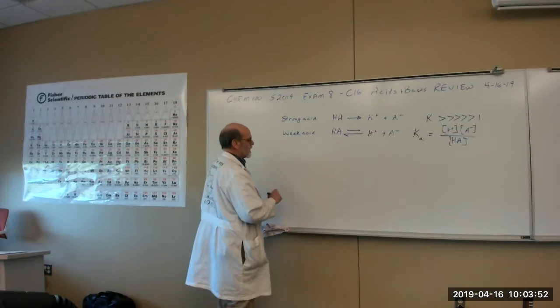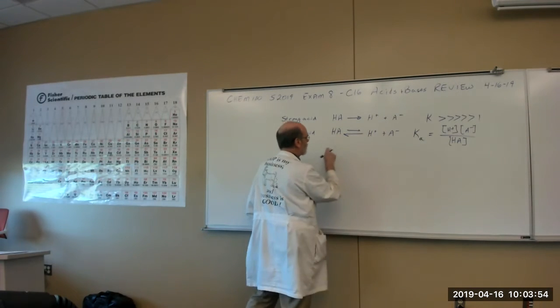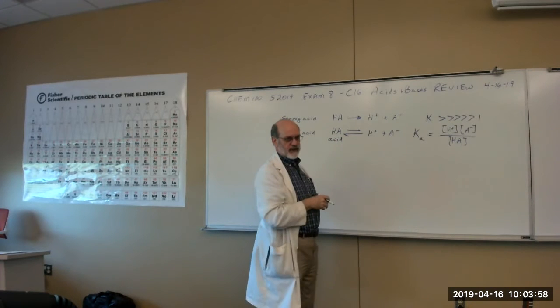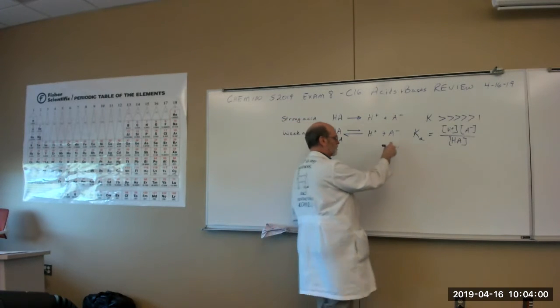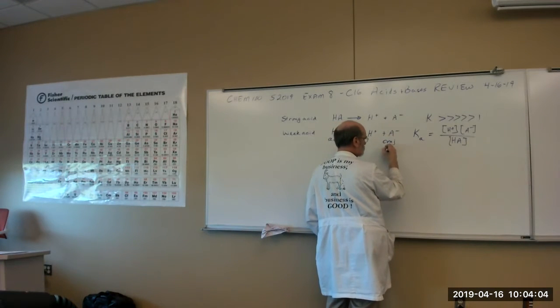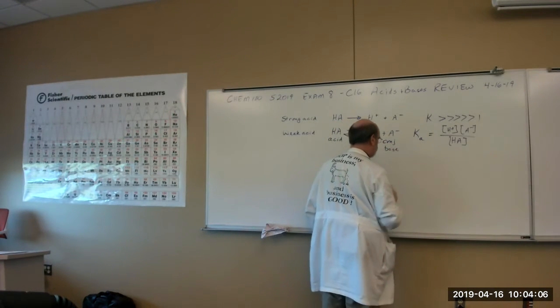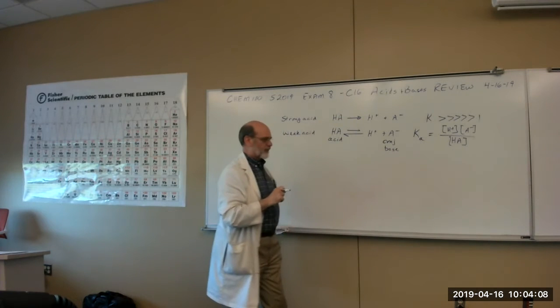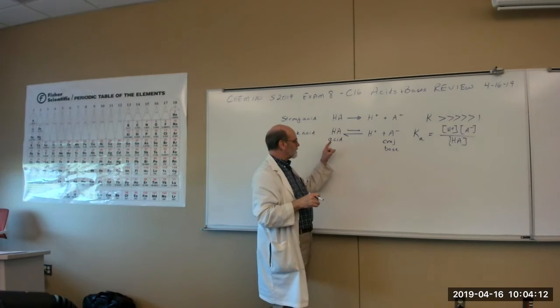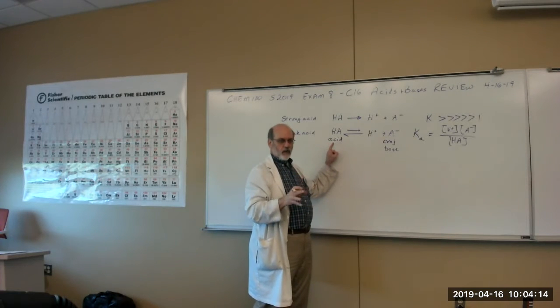So what do you get if this is your acid? Where's the conjugate base? Think of what we mean by strength. A weak acid means that it does not want to give up its proton.